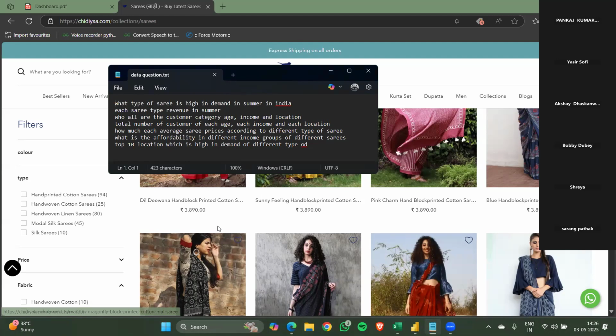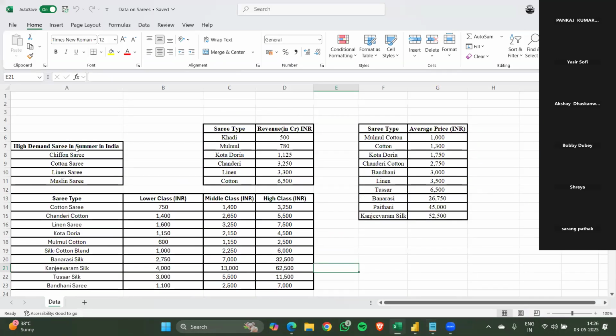So the first question was, what was the highest demand of sarees in summers? According to the analysis, I found that it was chiffon, cotton, linen, and muslin. These were in demand because of the material during summers. The average revenue of each saree type: Khadi had a revenue of 500 crores.